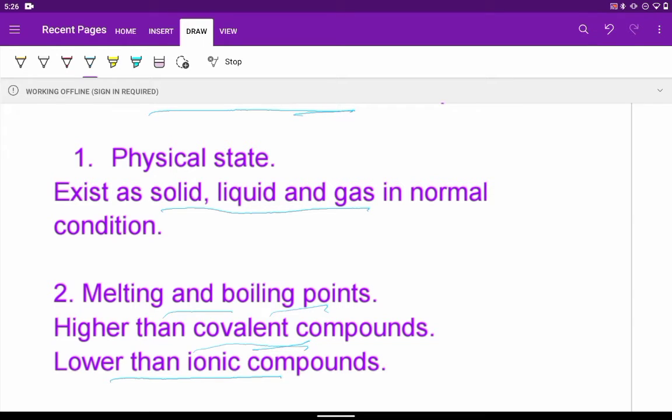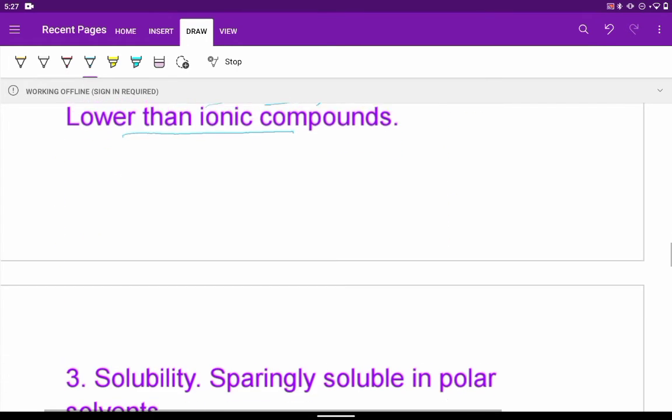Then there will be electrostatic force of attraction. So such ionic compounds, which we have discussed in an earlier video, you can refer to that video, they will be having higher melting and boiling points. So coordinate bonds have melting and boiling points intermediate of that of covalent and the ionic compounds.